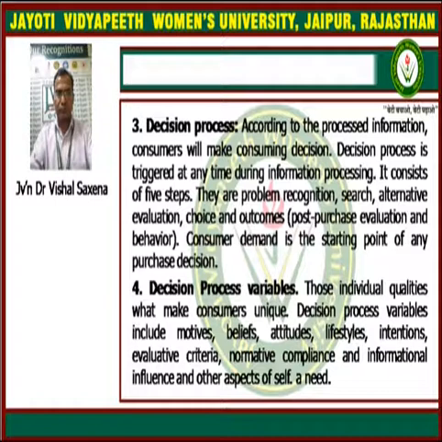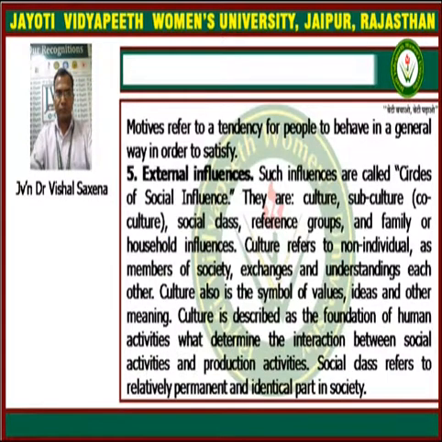Decision process variables include motives, beliefs, attitudes, lifestyles, intentions, evaluative criteria, normative compliance, informational influence, and other aspects of self, the need of self. Motives refer to the tendency for people to behave in a general way in order to satisfy.